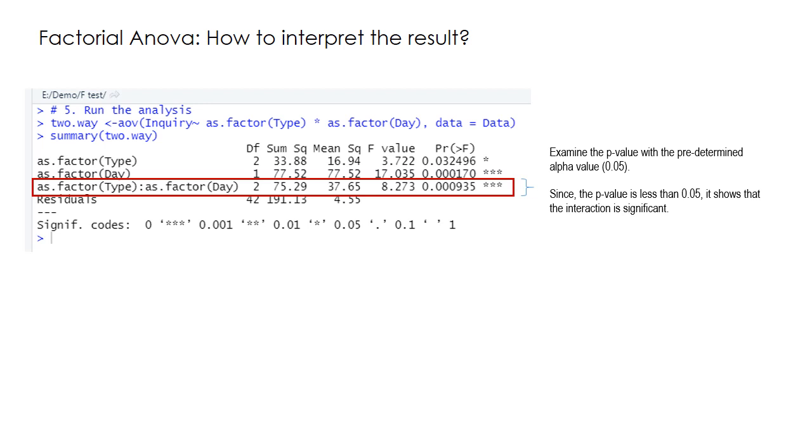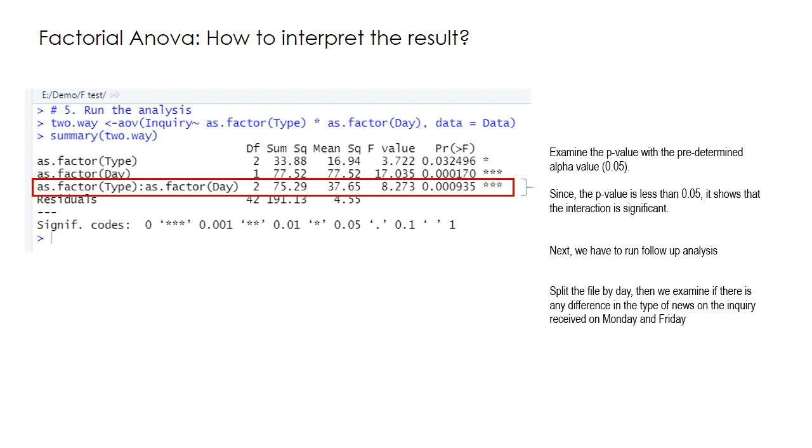So here you need to run a simple main effect analysis. If the interaction is not significant, okay, if this p-value here is greater than 0.05, then you have to examine the main effects. So you have to check whether the type is significant or not, if the day is significant or not. So if they are significant, then you have to examine where the difference actually exists.